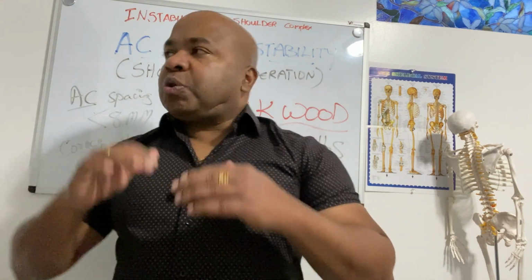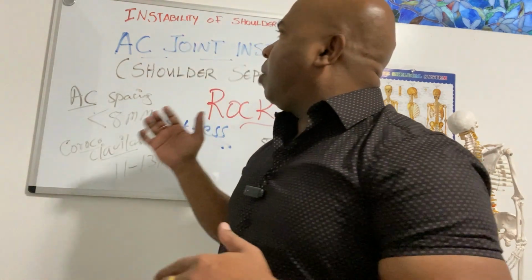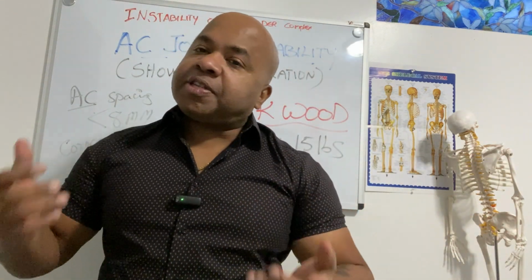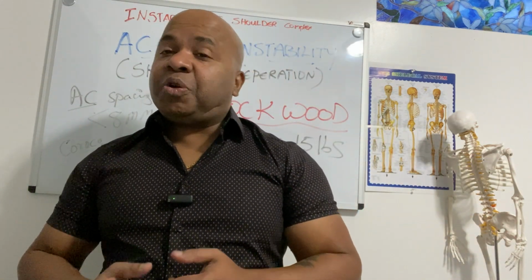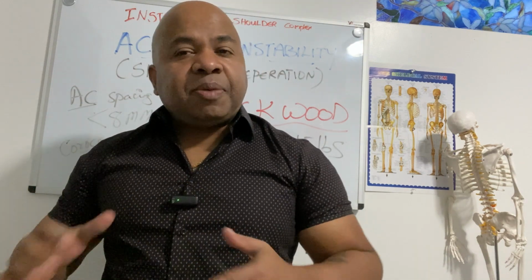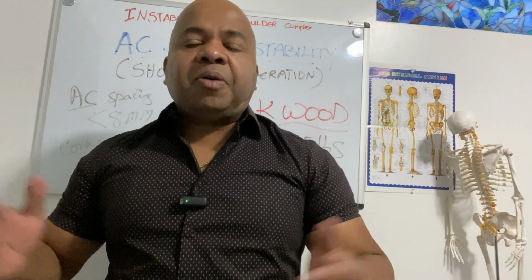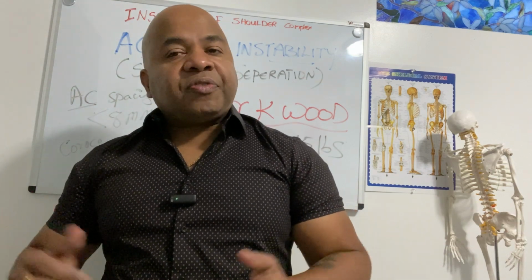Okay. So that's about the acromioclavicular joint biomechanics as well as the pathology of the acromioclavicular joint. I tried to simplify this, but still the video is almost 45 minutes.